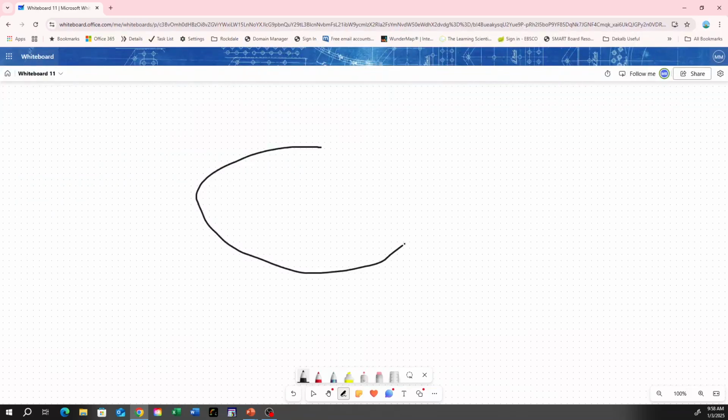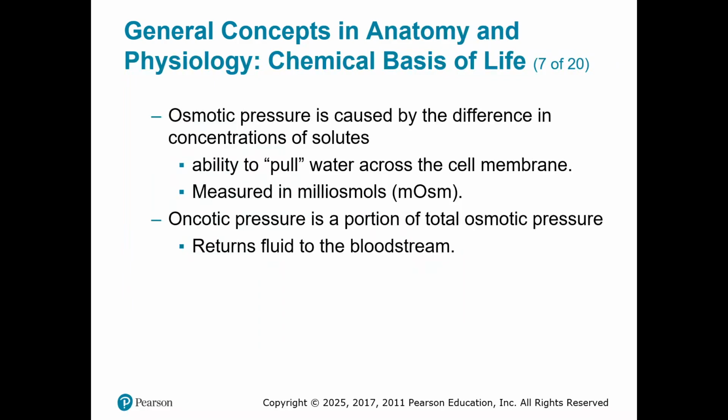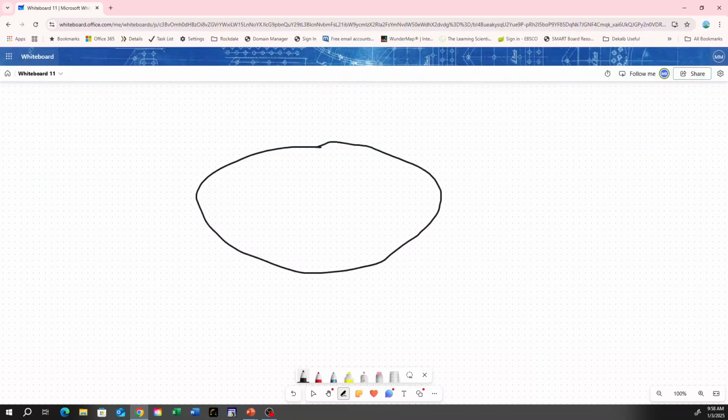It's not too hard to understand, but I want to make sure everybody does. Oh, sorry, hang on one second. It disappeared. There we go.